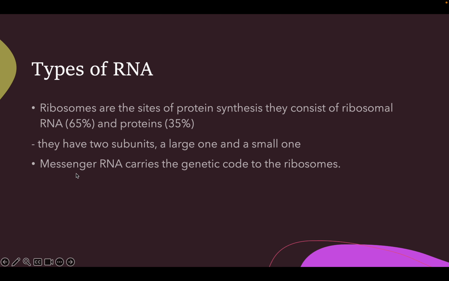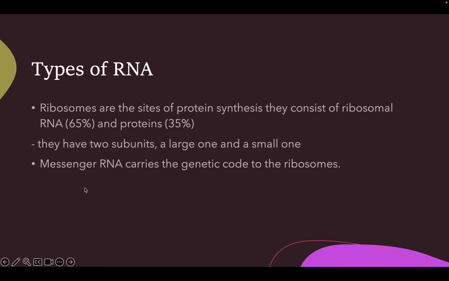And the messenger RNA carries the information, the genetic code, to the ribosome. So first we have the DNA, right? From DNA it forms an RNA, called the messenger RNA. And then this messenger RNA goes to the ribosome subunit or ribosomes to form the protein.